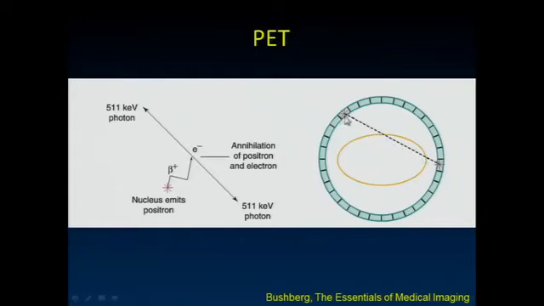Now, if I had timing electronics which were precise enough to tell me the exact time at which this occurred and the exact time at which this occurred, I could actually figure out the exact location on which this line on which they occurred. If they were detected at exactly the same instant in time, the event must have occurred at the location so that this distance is equal to this distance.